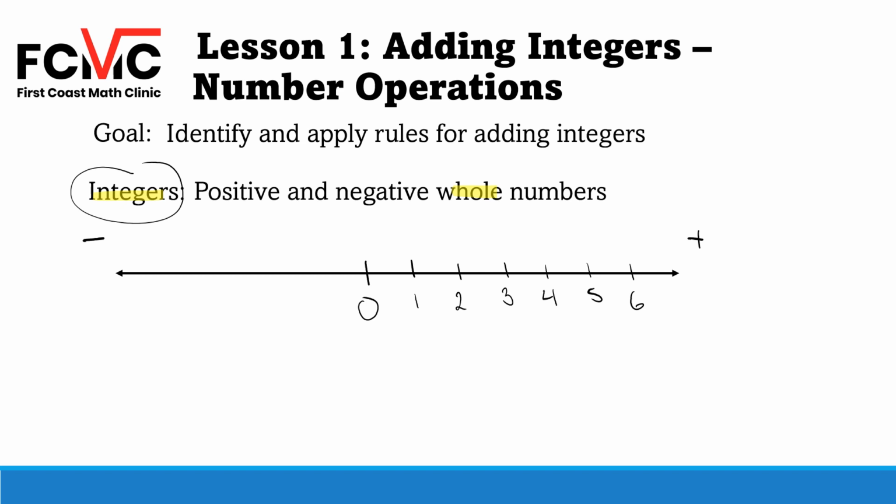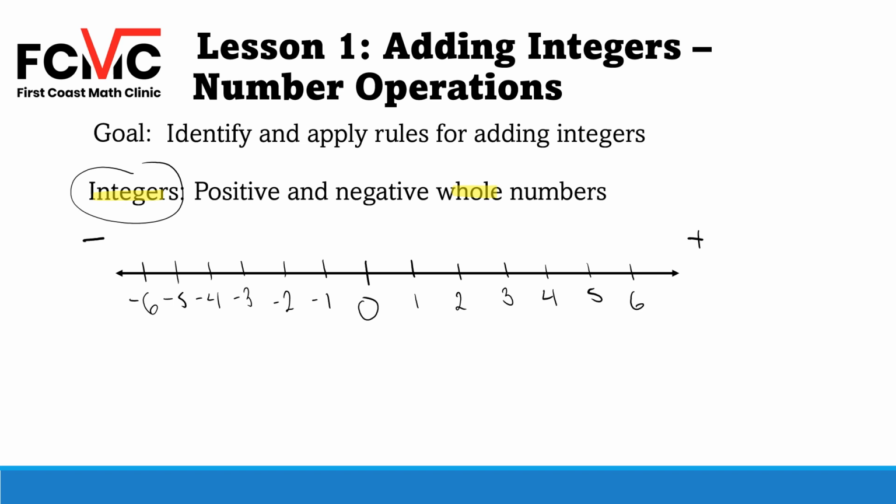And our negative values, we're going to have the negative equivalent of these values. So let's do -1, -2, -3, -4, -5, and -6.